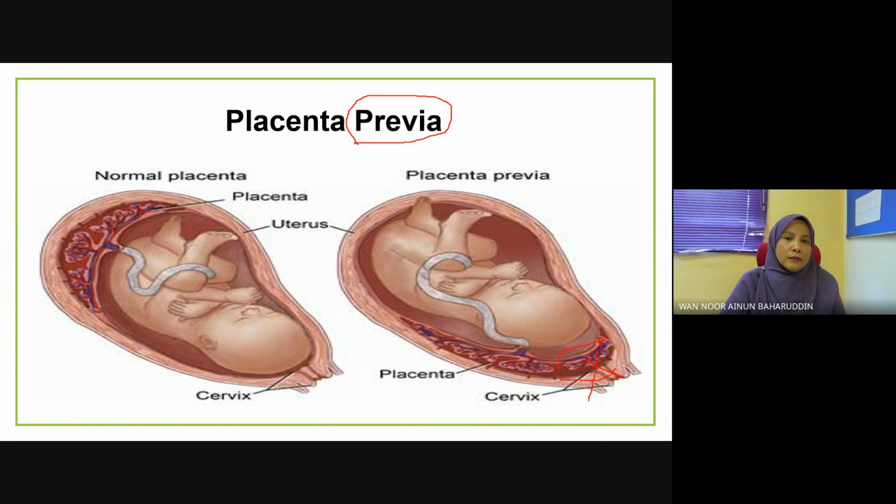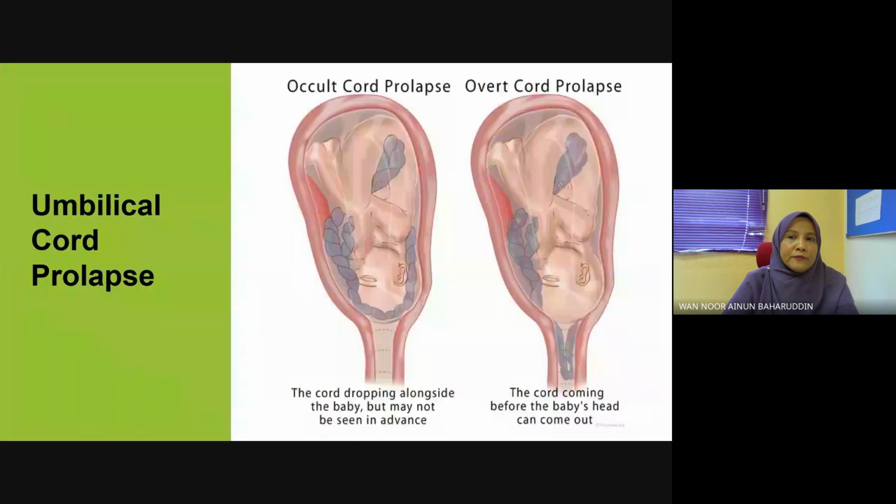It tries to, what we call, menghalang this baby from being delivered because of this placenta. It should normally be on top of the uterus, but because of the placenta previa, it directly tries to menghalang this baby from keluar daripada cervix. So that's what we call placenta previa.